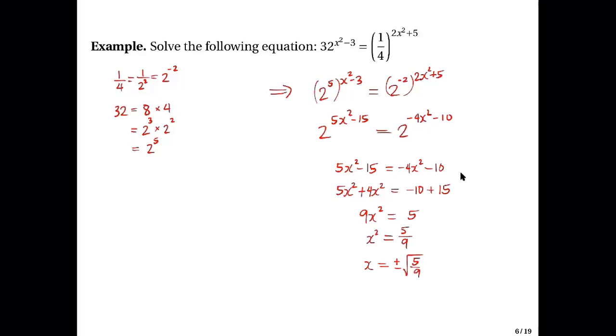But we know square root of 9 is 3, so we can rewrite this as x equals plus or minus square root of 5 over 3. So these are the two solutions to this equation. Okay. Question for this problem?